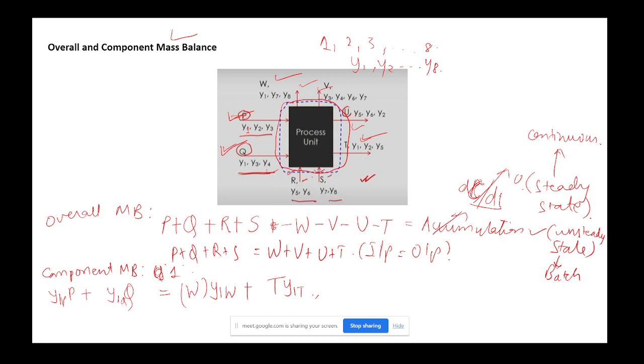The fourth component is present in the inlet at Q, just Q. So for the inlet of the fourth component, there will be just y4 in Q into Q, equals to, where it is coming out, just in V, so it will be V into y4 in V. So this is how we write the component wise mass balance. Similarly we can write for the other components as well.